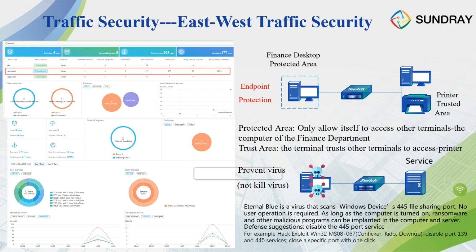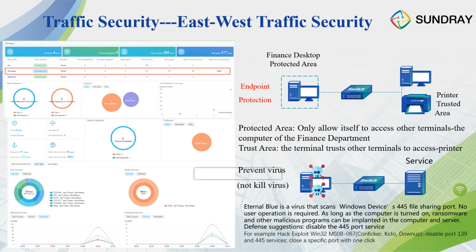So if we use the Sundray switch, we can just use that policy to protect the trust area. Another is the exploit Windows MS08-067 virus, right?